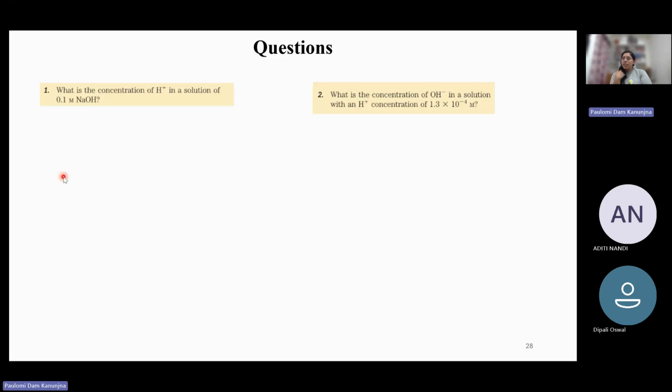Okay, 20 seconds more, and we can look into the answer. Sorry, 20 seconds for the second answer, and then we can look into the answers for these questions.